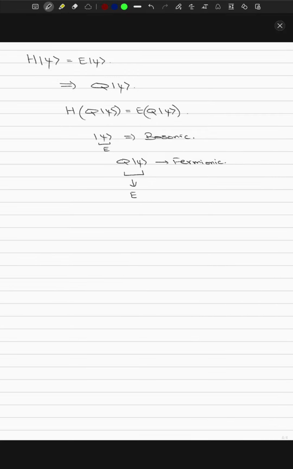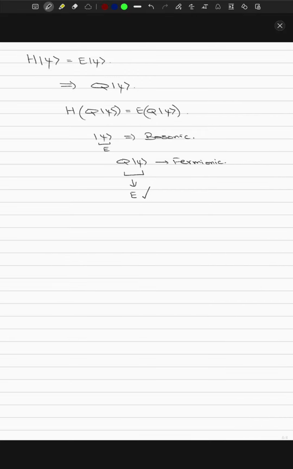And because it does so, Q on state psi is the eigenstate of the Hamiltonian with the same eigenvalue E, right? Physically, that means that if a bosonic state had some energy E, then its corresponding fermionic state would also carry the same energy E.